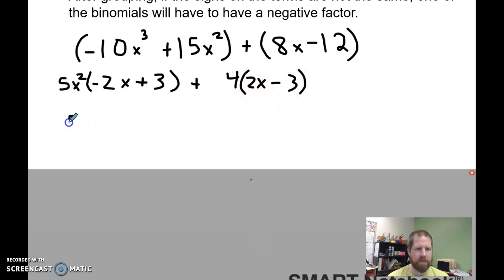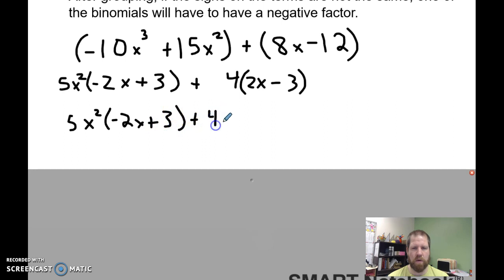So I keep my initial binomial the same. I have 5x squared times -2x plus 3, and then that's plus 4, but now I'm going to factor out an extra -1. If I divided this by -1 and divided this by -1, it just changes the sign on those.